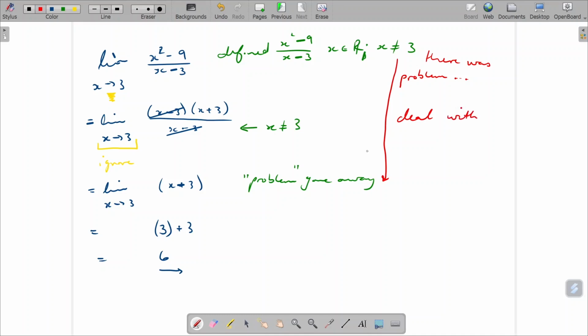The problem that we had was the denominator, so we dealt with the problem by factorizing and canceling. The second stage, while having resolved the problem, so to speak, we no longer have a problem. And since we no longer have a problem, we can substitute.